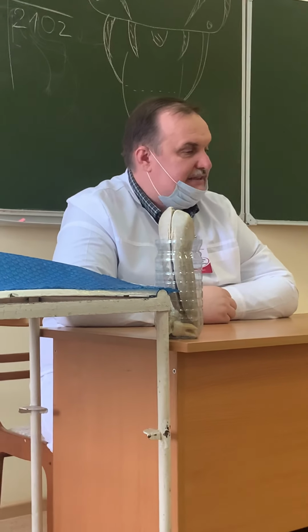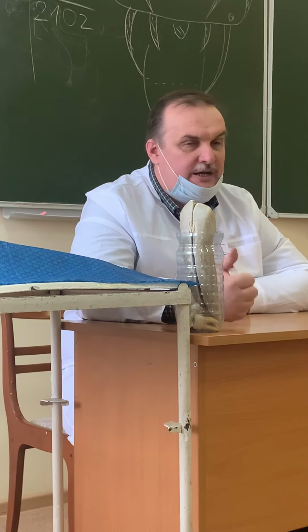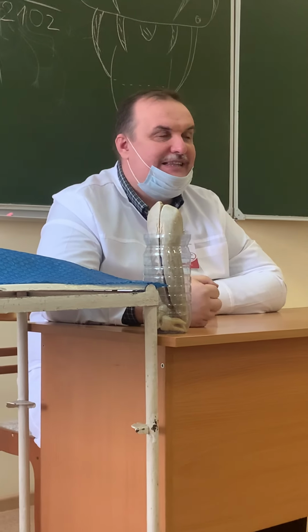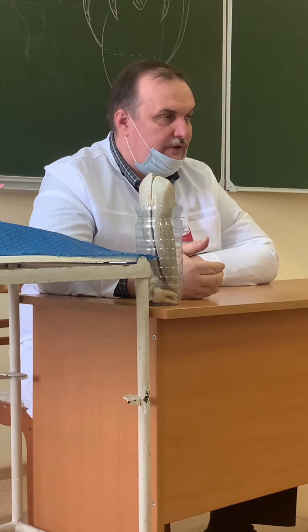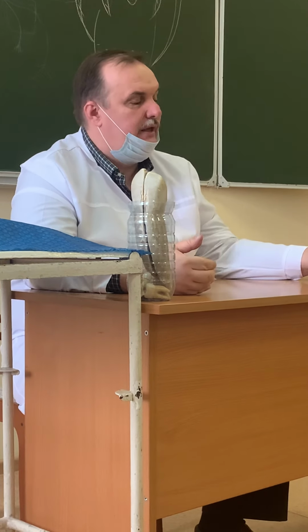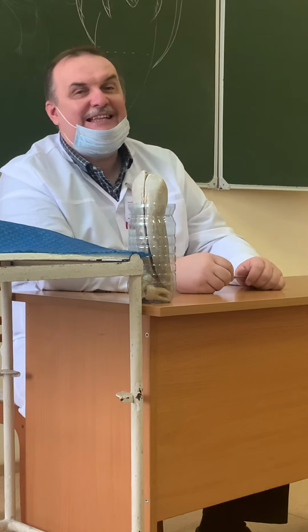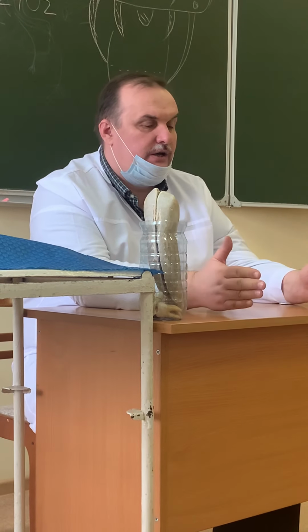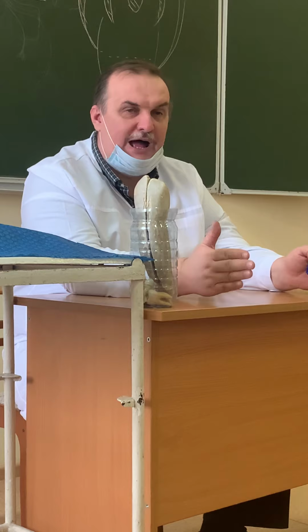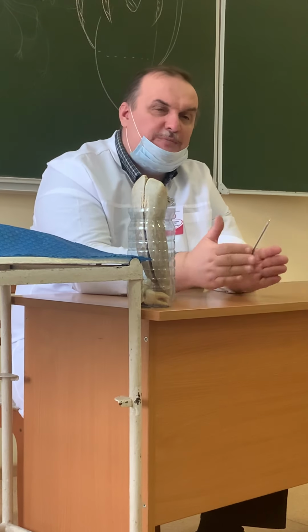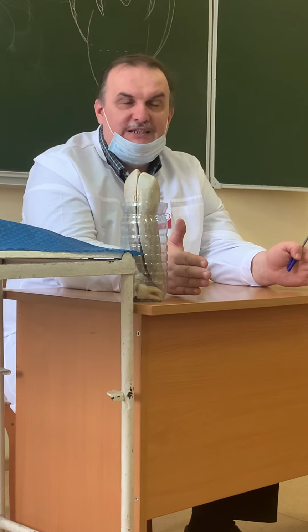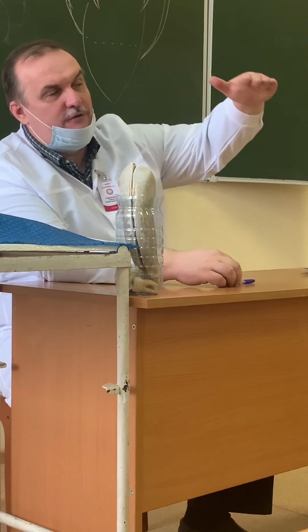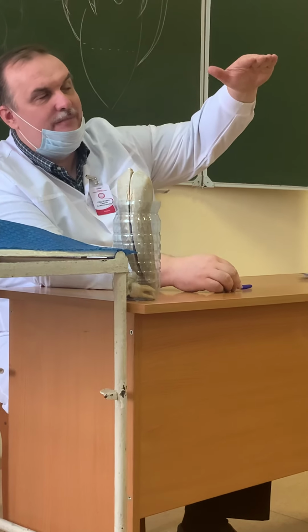Next time you need to know the parts of the pharynx, the parts of the esophagus, and topography. If we speak about skeletotopia, what is it? That is the topography of an inner organ, how this organ corresponds to the bones. For example, the pharynx starts from the base of the skull.